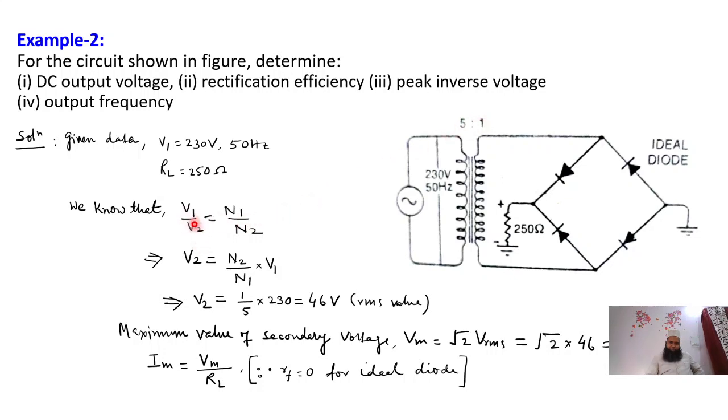So we can take out V2 equal to, in this expression, N2 upon N1 into V1. V2 equal to N2 upon N1, where N2 we have 1, N1 we have 5, and V1 is 230. We get 46 volt.